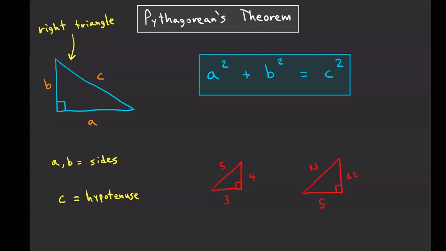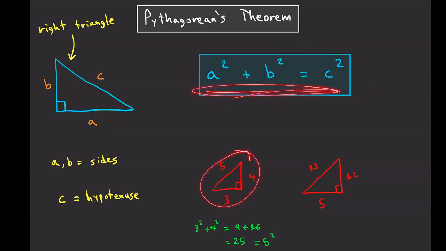Really what I mean is that if you look at this formula, if you do 3 squared plus 4 squared, let's go ahead and write this out a little bit. You get 9 plus 16, which is equal to 25. And you'll notice that that 25 is equal to 5 squared. And so this triangle satisfies the Pythagorean theorem.